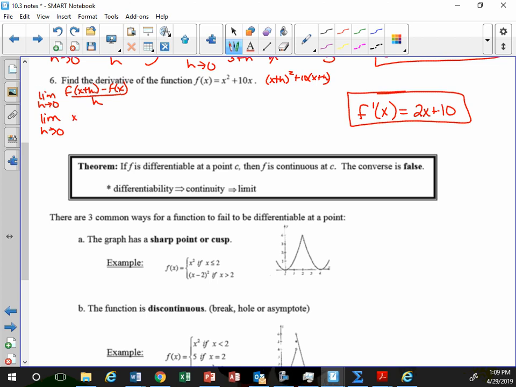So that's going to be x squared plus 2xh plus h squared plus 10x plus 10h. Then minus f of x, so minus x squared minus 10x, all over h. Okay?